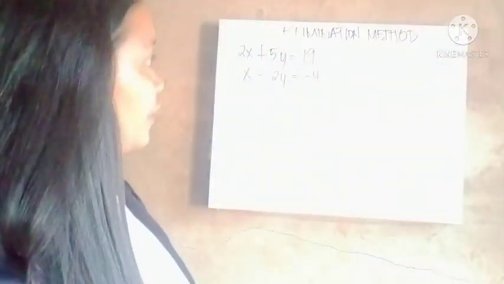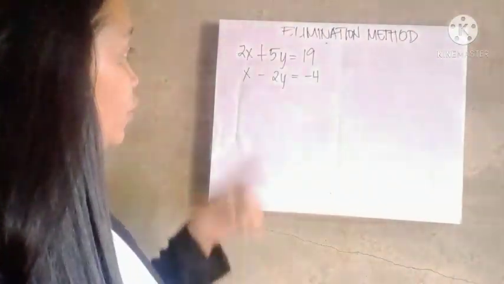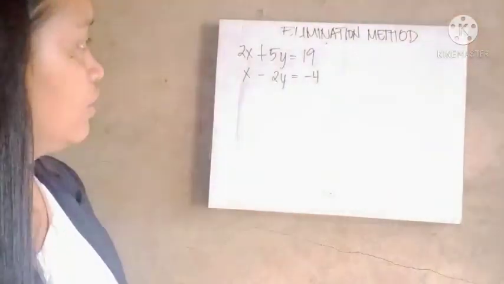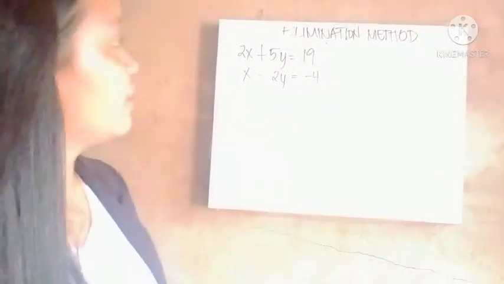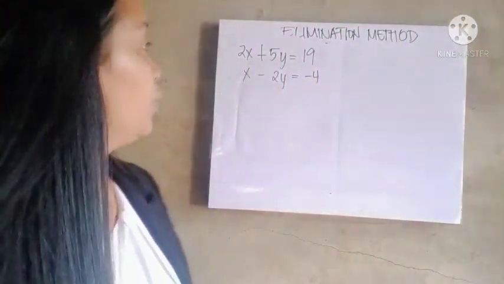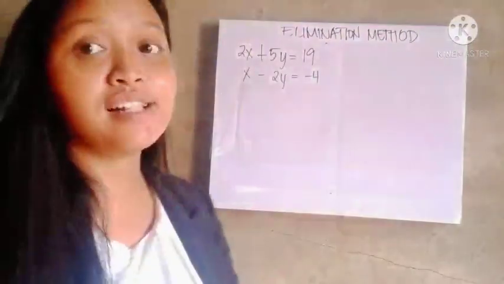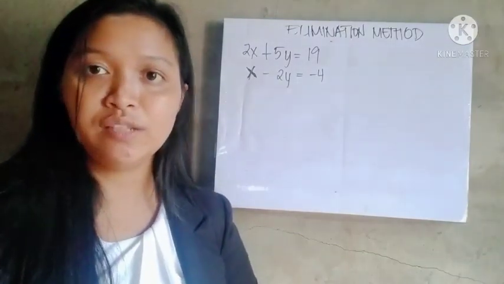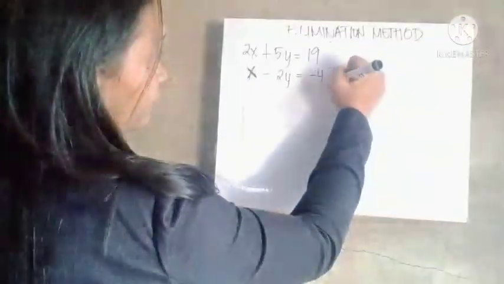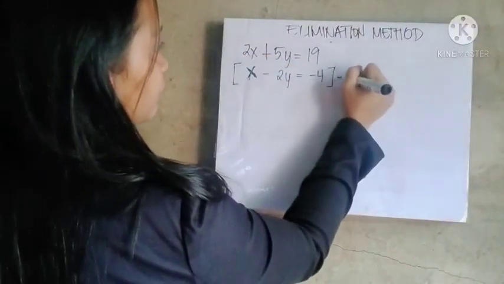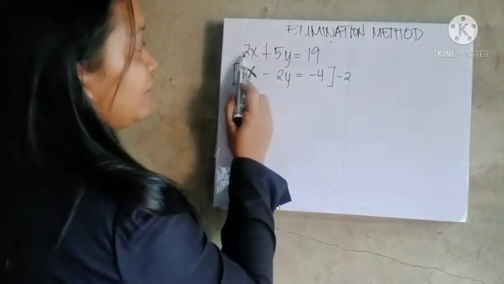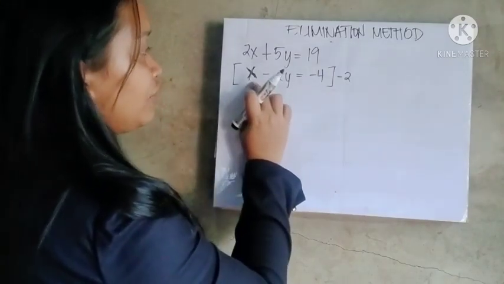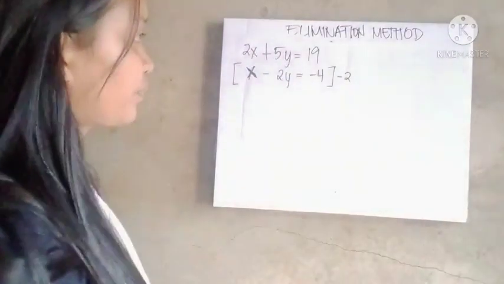We need to find out if we want to cancel x or y. Since x has the smaller number, we will try to cancel x. All we need to do is to multiply the second equation by 2. Since we have a positive 2 here and we want this to be negative 2 to cancel it out.